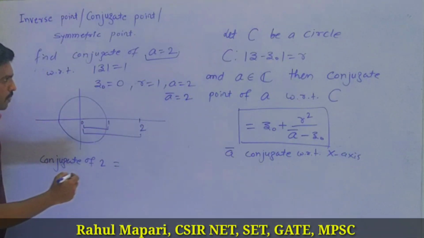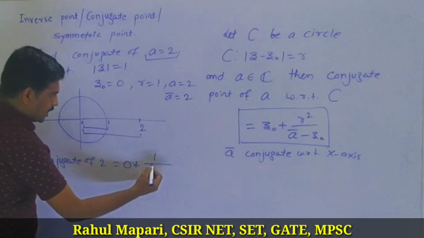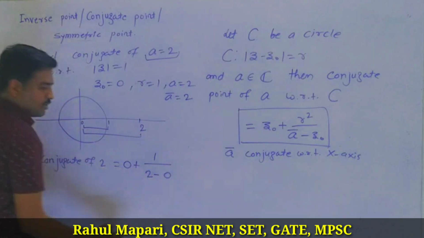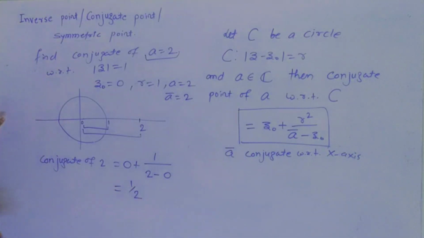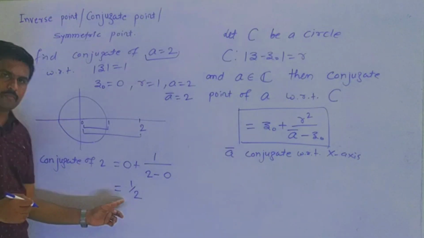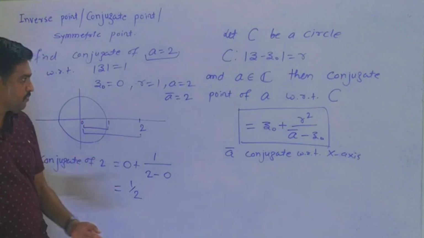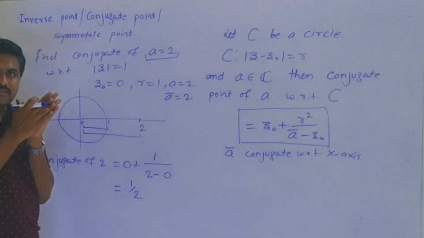Now Z0 is 0, plus R square is 1. A bar is 2 minus Z0, that is 0. So finally, after some calculation, we get 1 by 2. So the conjugate of 2 is 1 by 2. The conjugate of 2 is 2 considering the x-axis as a mirror, but with respect to the circle it is different.